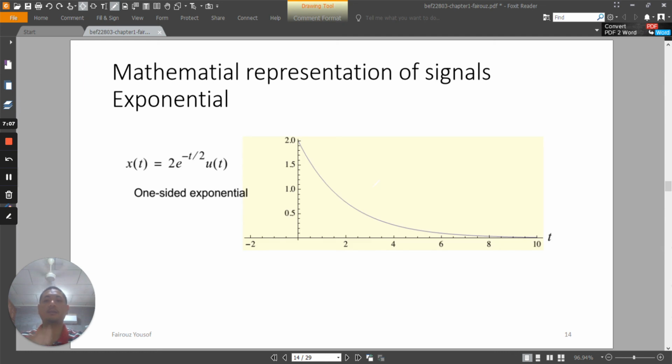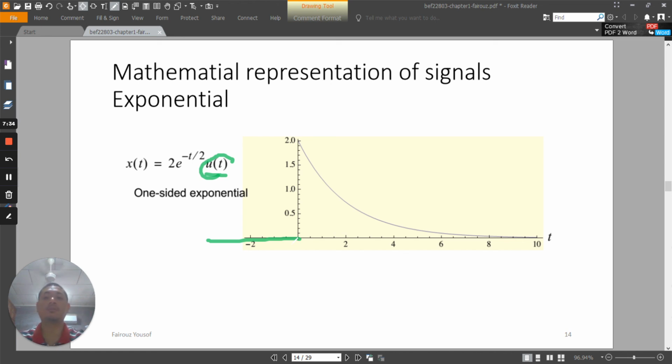Okay, next, another example. We have u(t), meaning that for t less than 0, it is 0. That's what it means. Then we have 2 exponential of negative t over 2.